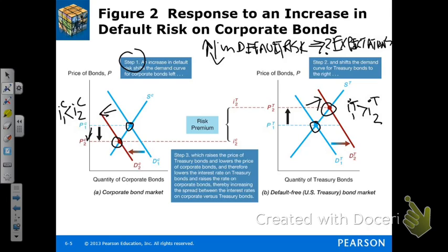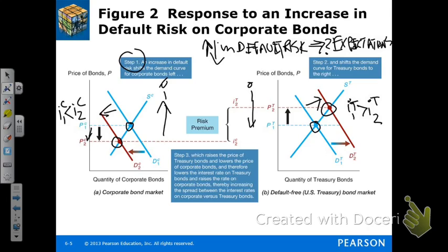Did I say it right? Yeah. So for our treasury bills, the interest rate goes down. For our risky assets, the interest rate goes up.